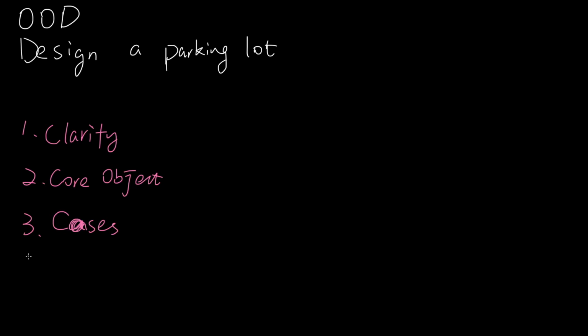And then after we have those cases, we should be able to move on to the classes, which will give us more details about the classes that we want to build to support these use cases. We can use a UML class diagram to help us with this.